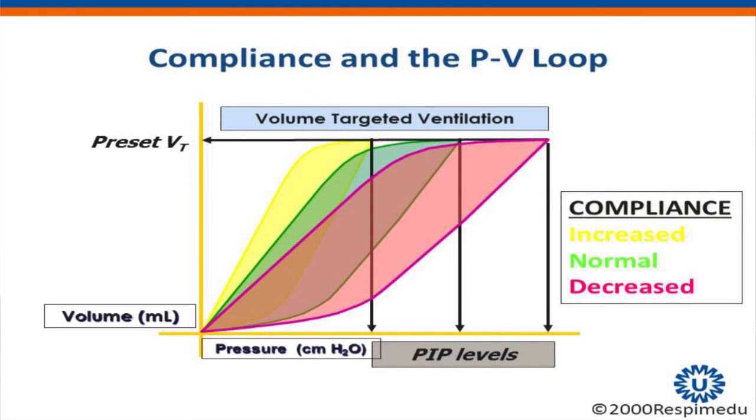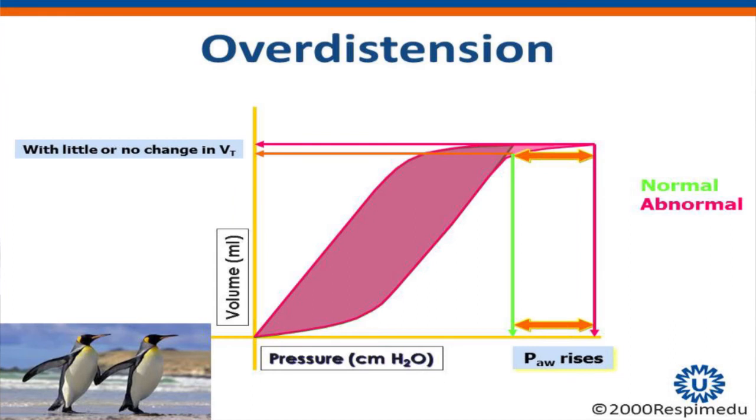It's the same, but now not pressure is targeted, but volume is targeted. You will see volume is always the same, but pressure is changing. Here the compliance is normal, here the compliance is increased, here it is decreased. What's this? It's overdistension. How do you recognize it?